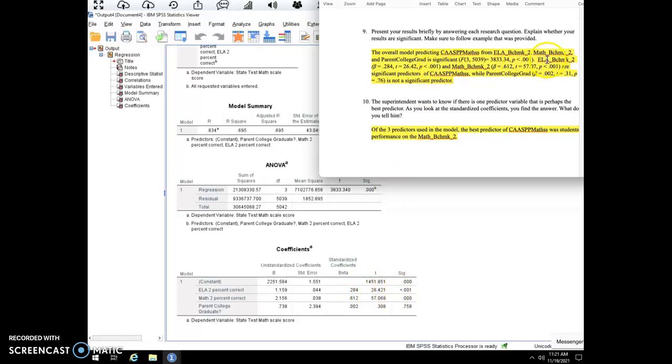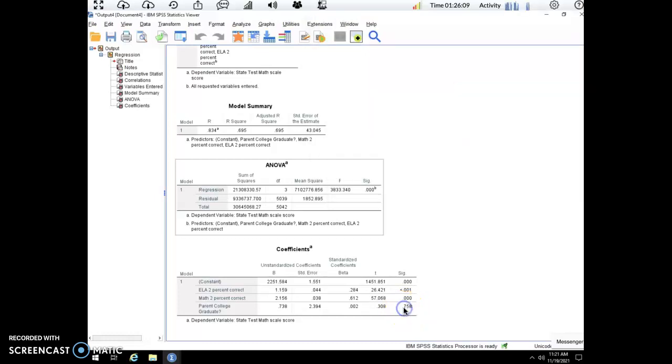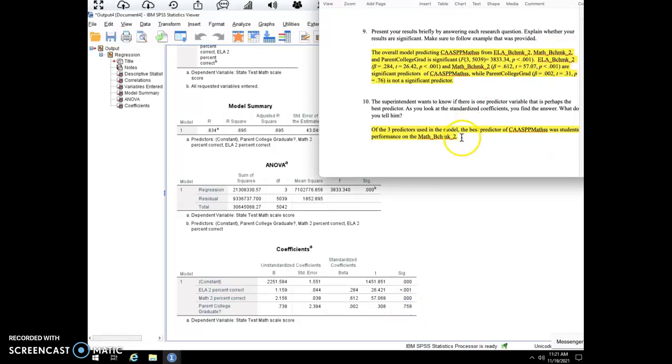So we're going to do that same for ELA, then for math, those are both significant predictors because we can see those results here. These are less than 0.05, while college grad is not a significant predictor because this is greater than 0.05.